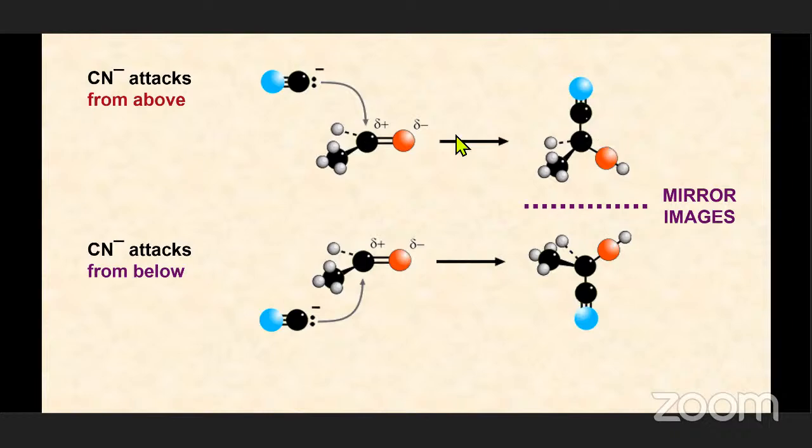Now, there's an equal probability of the CN- attacking from both sides. It could come from the top, it could come from the bottom. So that's equally probable. So you have two different mirror images forming. And so remember this, whenever you have an sp2 hybridized carbon atom, which is trigonal planar, and it's turning into a tetrahedral molecule, remember that both enantiomers are equally possible. Is this clear?